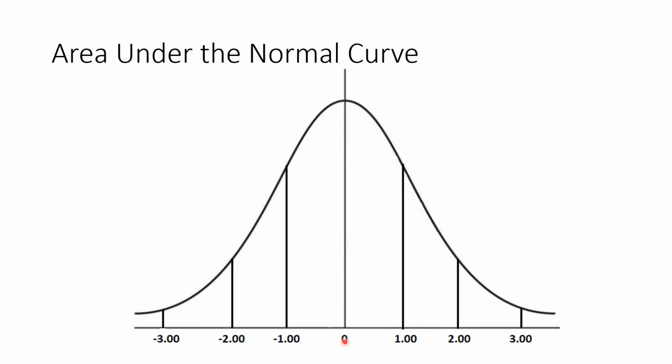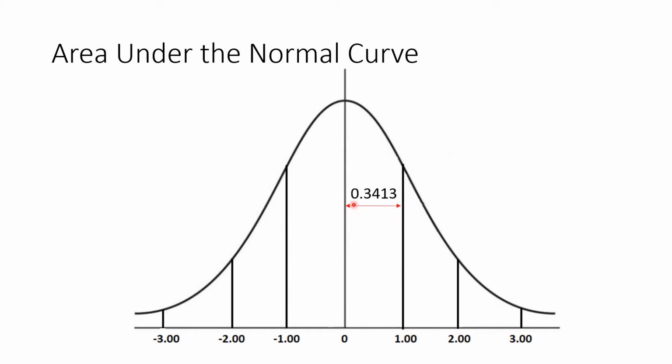If your z-score is positive, that means your area concerned will be on the right side. And if your z-score is negative, it will be on the left side. These marks here are actually values of your z-score. From the mean up to this mark, the value of your z-score is positive 1, and so on.